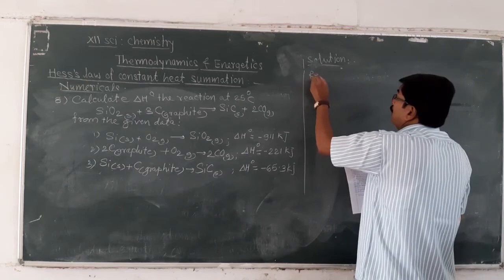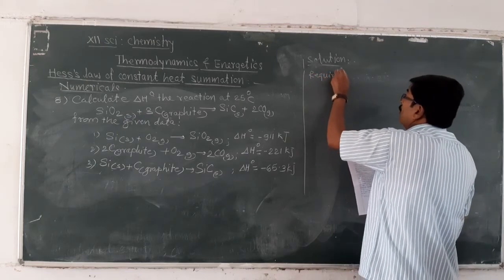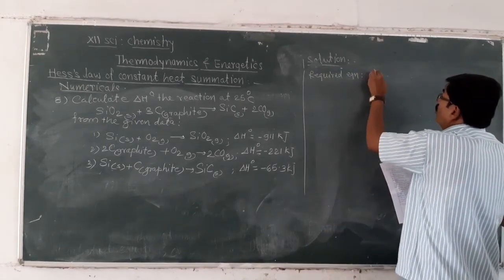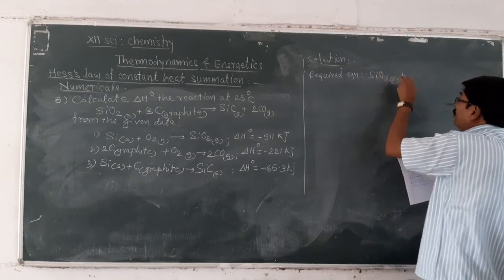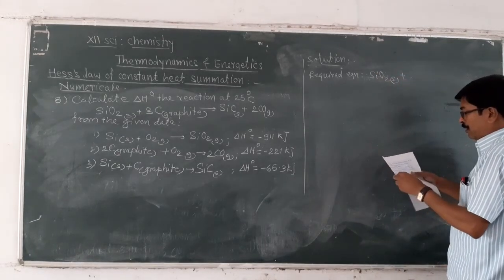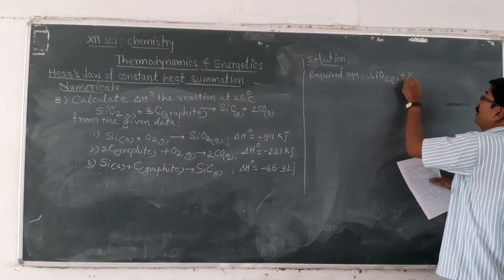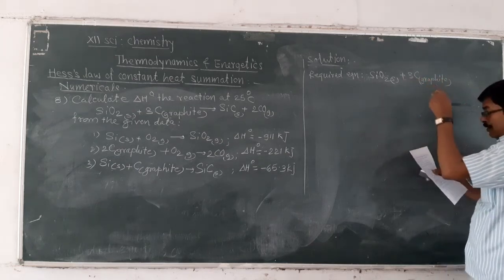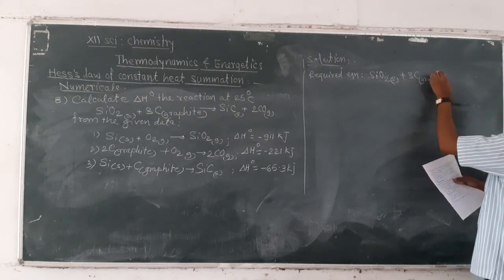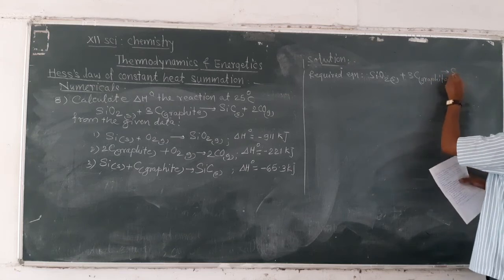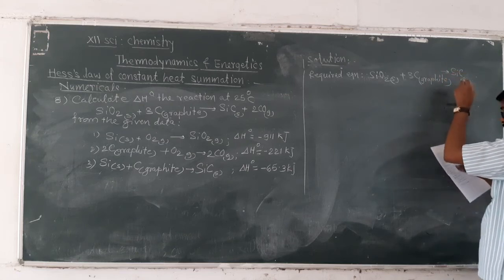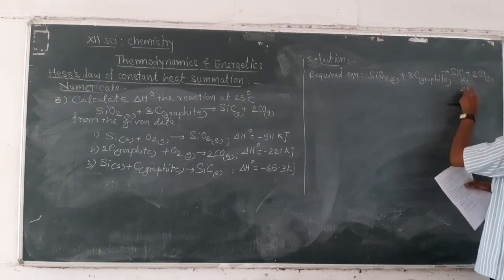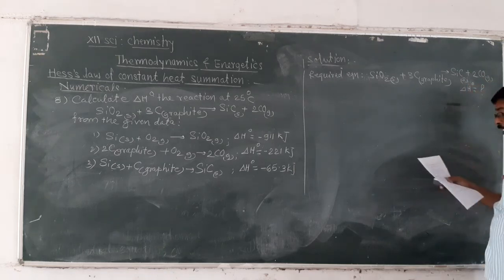Now, required equation. What is the required equation? SiO2 solid plus 3 carbon graphite gives SiC solid plus 2CO gas, and we have to calculate standard enthalpy of this reaction.